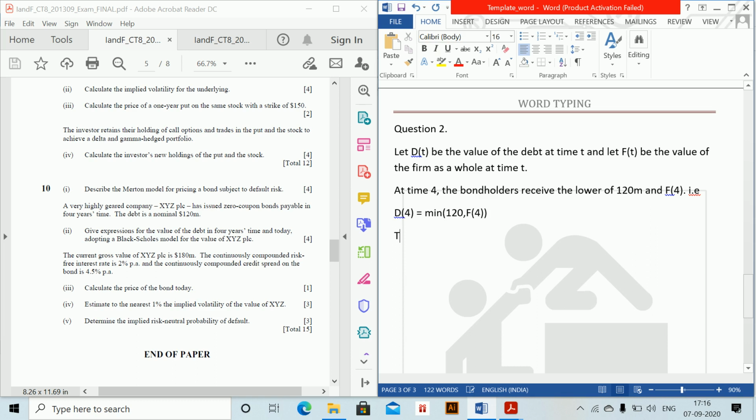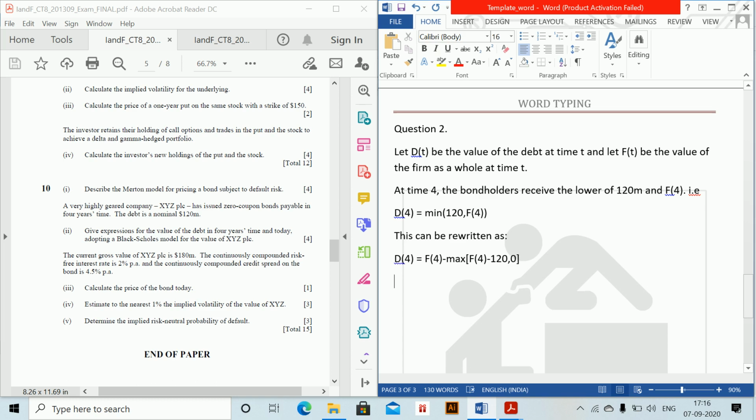Okay, this can be rewritten as D4 is equal to F4 minus max of F4 minus 120 comma 0.